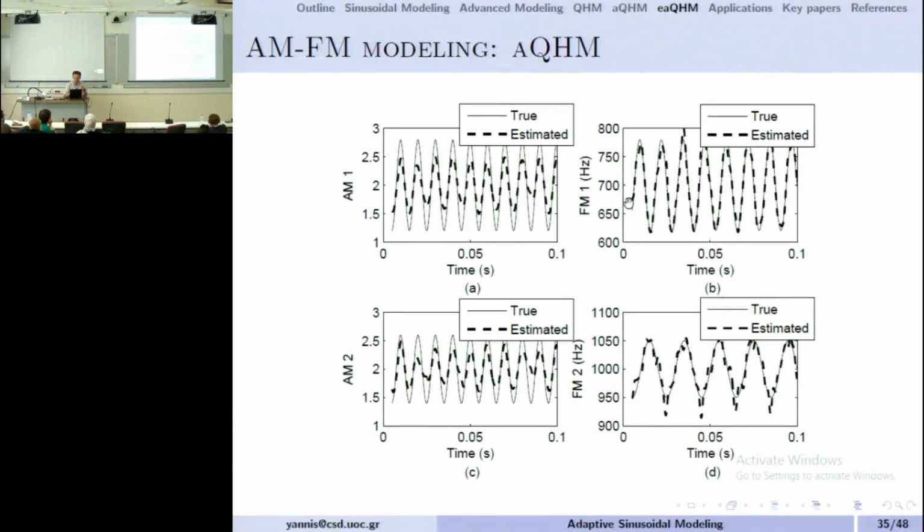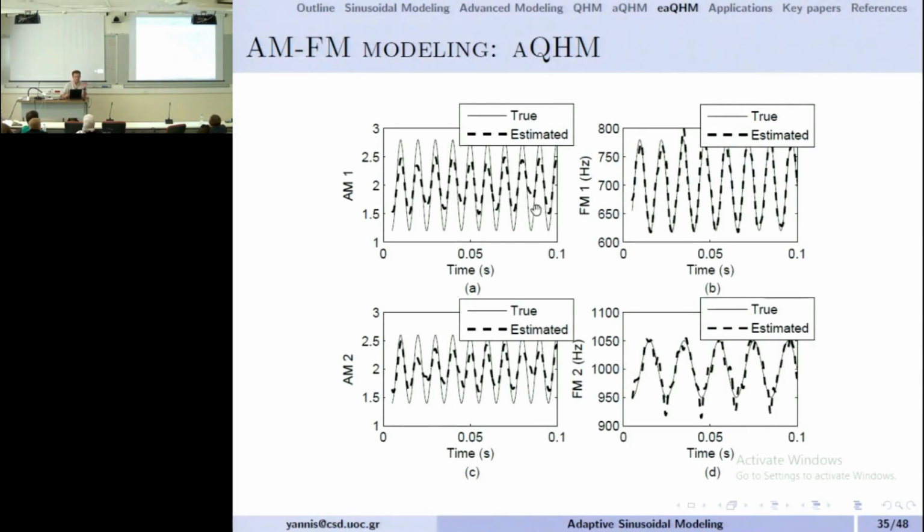The dashed line is the estimation. The true is the solid line. So we are on top of each other. So it's a good frequency estimation. So the FM part is good, but the amplitude changes very fast, and we do not have a very good estimation.